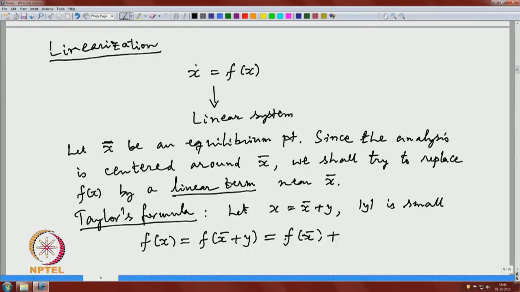Here, since we are in n dimensions, generally bigger than 1, that thing is replaced by df at x bar times y, plus quadratic terms in y. Let me explain that.